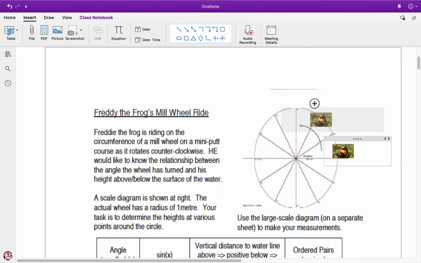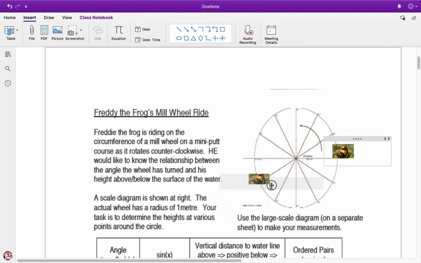Okay? Now, Freddy's what you call a nerd frog. And Freddy's interested in figuring out where he is in relation to the height above the water. And we're assuming this here is the water line. So Freddy, as he goes around, is really interested in where he is above the water in all cases, or below the water.